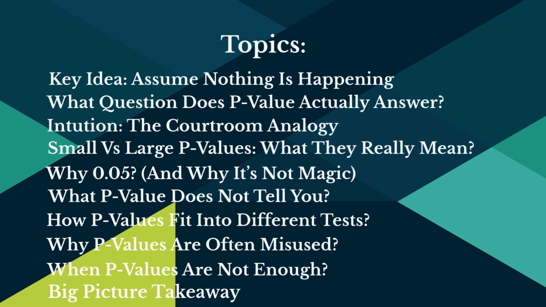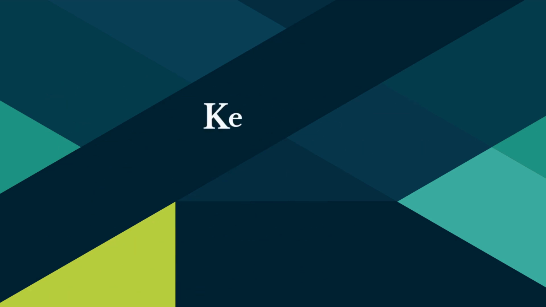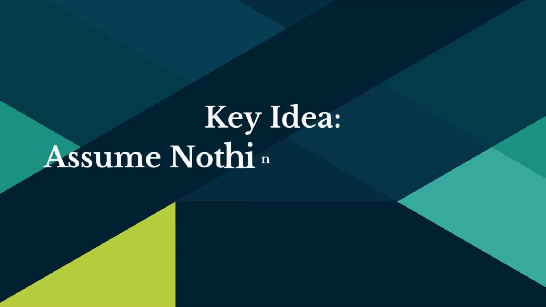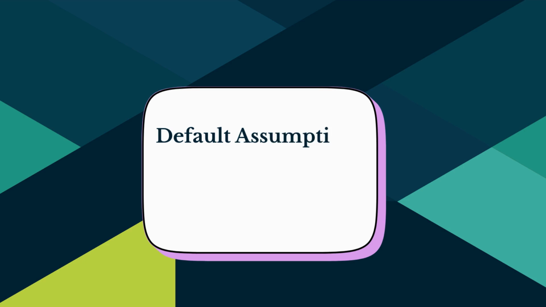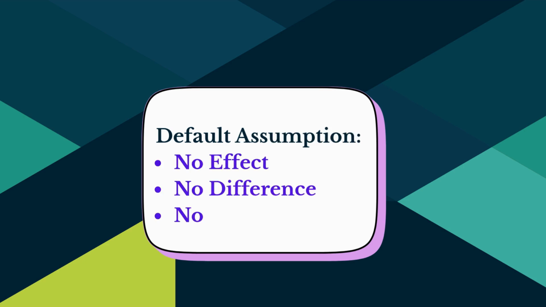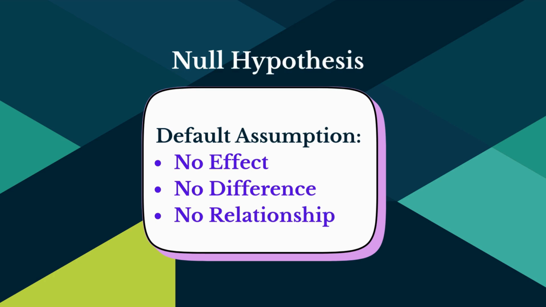So, we need to start with the mindset that statistics always begins with. Statistics starts with skepticism. Before we assume anything interesting is happening, we begin with the most boring explanation possible. We assume there is no real effect, no real difference, and no real relationship. This assumption is called the null hypothesis.